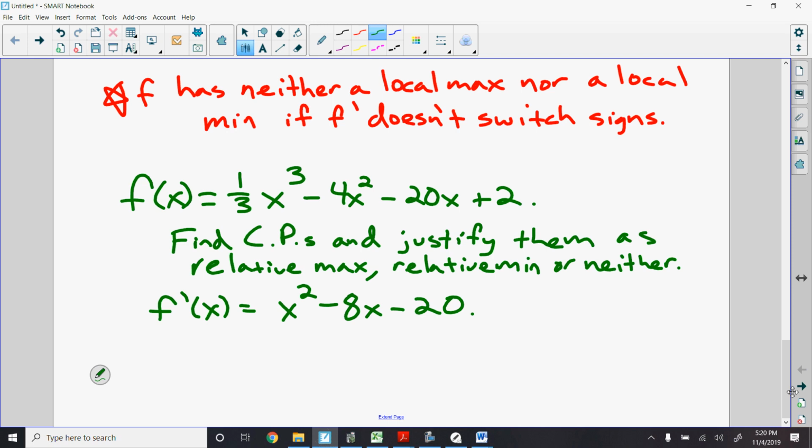Now, because that's a nice quadratic there, f prime of x is defined everywhere. Therefore, there are no places where f prime of x is undefined. So I can simply set my derivative equal to 0 to find the critical points.